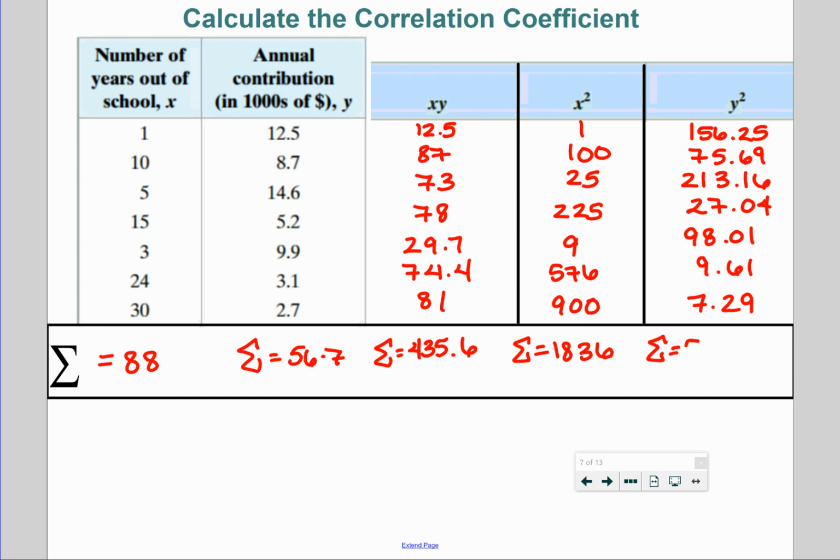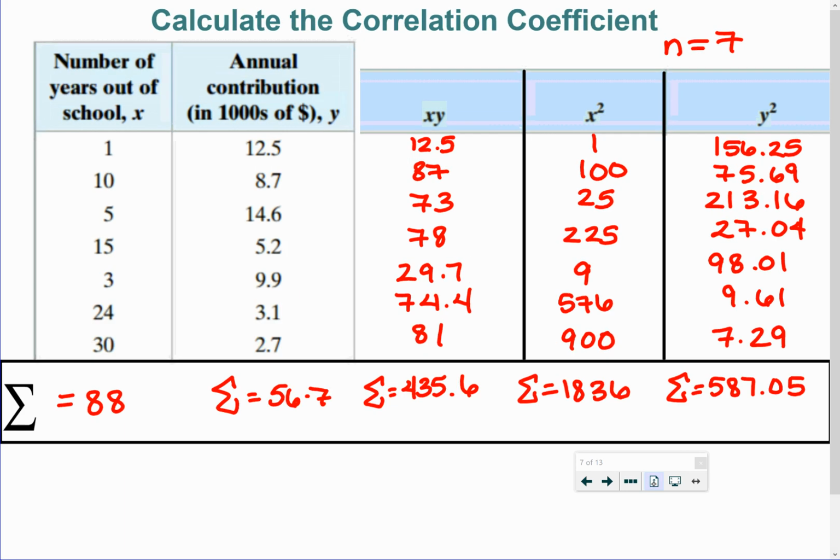Last one is 587.05. I think that's what I got in first period. Okay. Only other thing I don't have on here is n. N in this problem is 7. There are 7 coordinates that we have.